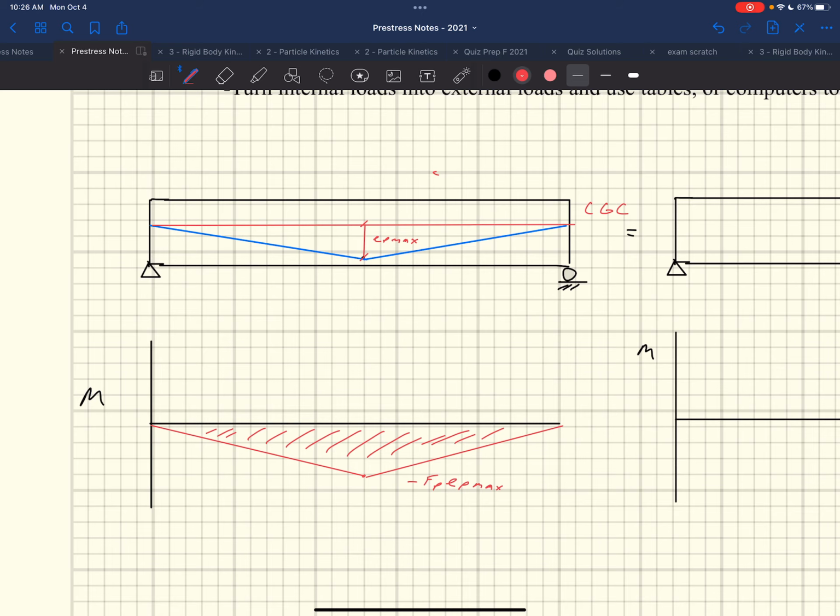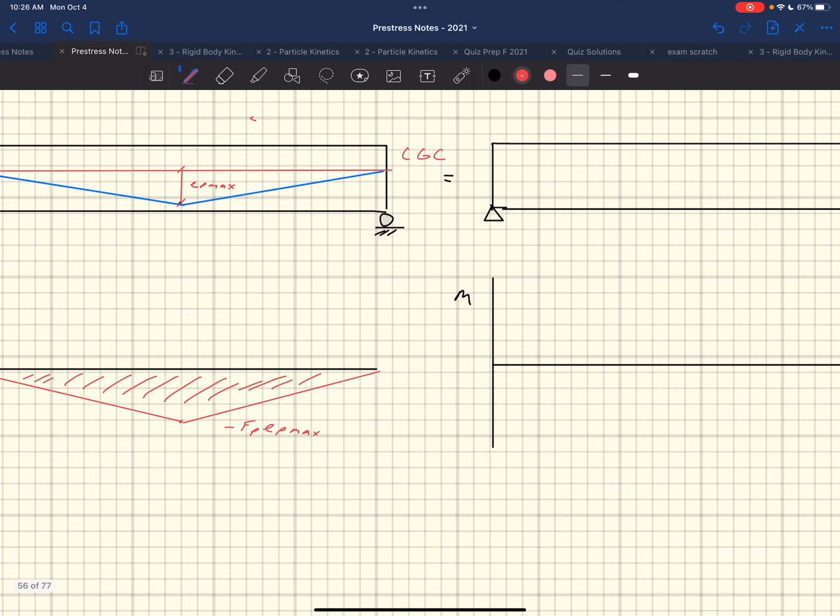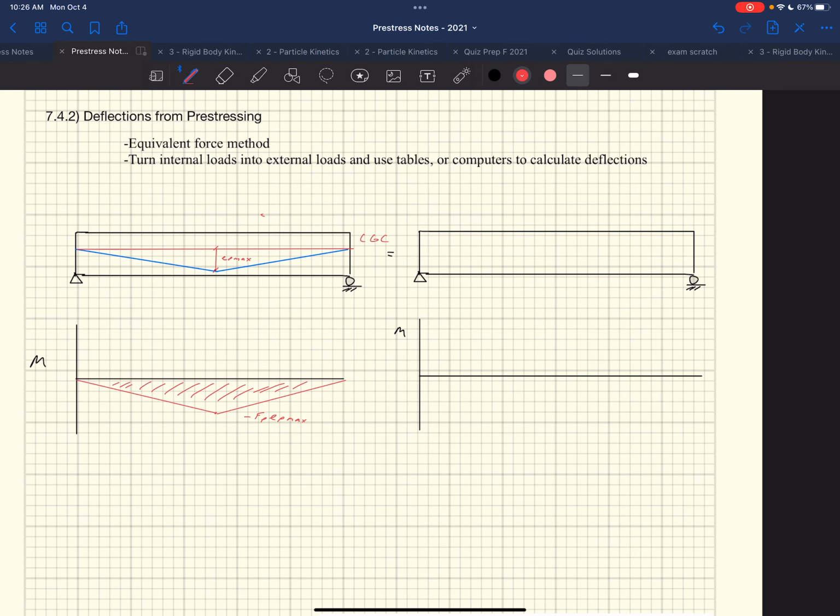So we ask, what loading would cause that same moment diagram? What kind of external loads would cause that same moment diagram? Point load? Yeah, point load in the middle. Which way? Up. A point load in the middle would cause this exact same moment diagram.